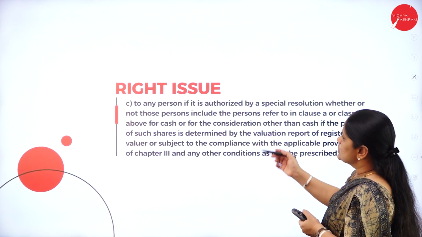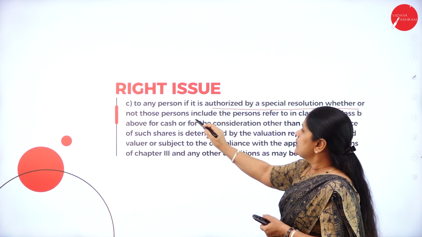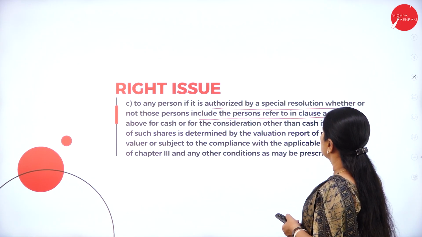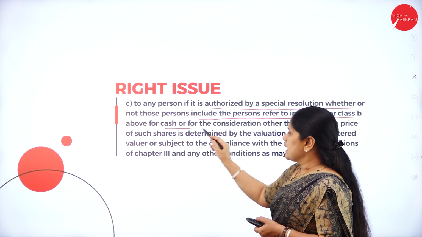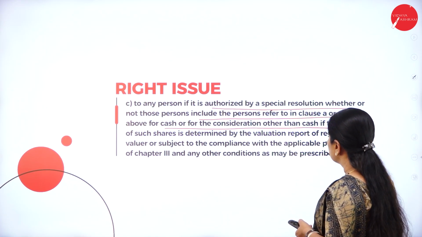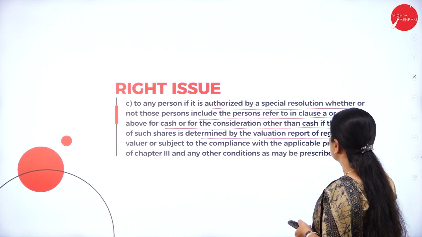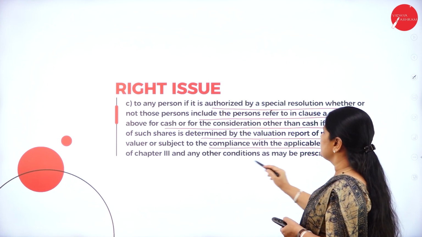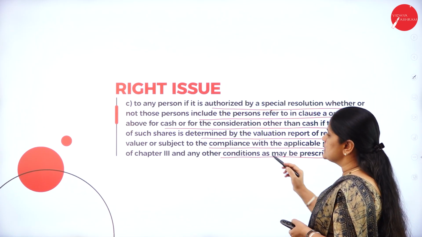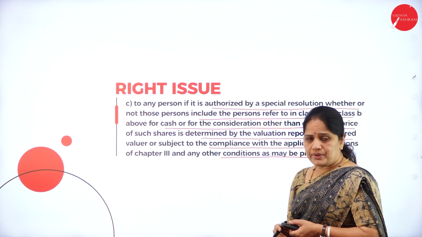And then next, to any person, if it is authorized by a special resolution, whether or not those persons include the persons referred to in clause A and clause B above, for cash or for consideration other than cash, if the price of such shares is determined by the valuation report of a registered valuer, or subject to compliance with the applicable provisions of chapter 3 and any other conditions as may be prescribed.